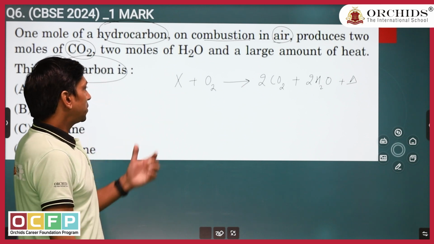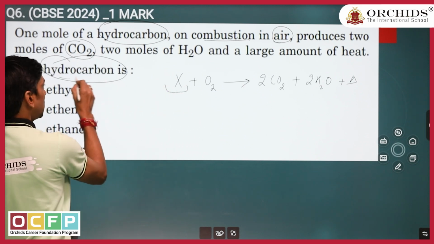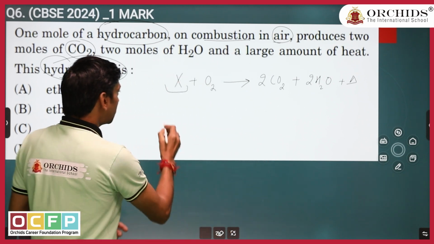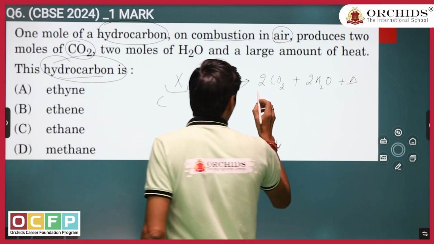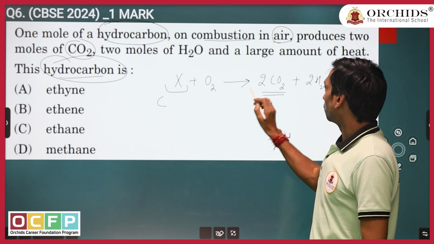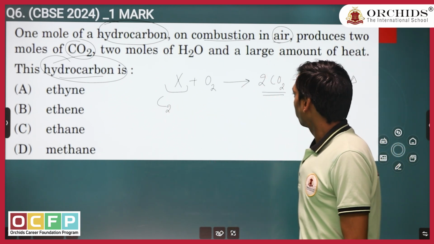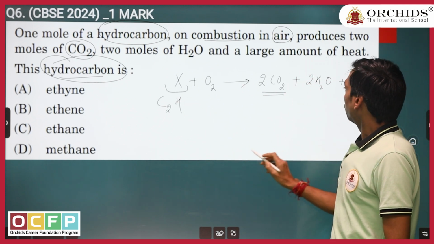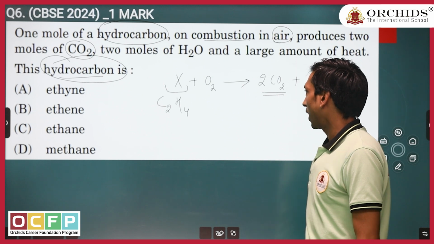So in this case, X is what? It's already mentioned, it is a hydrocarbon, so it is made up of carbon and hydrogen. How many carbon should it have? The total number of carbon on the right hand side is 2. So it must have 2 carbon. And how many hydrogen should it have? 2 into 2, 4. So 4 hydrogen it should have.